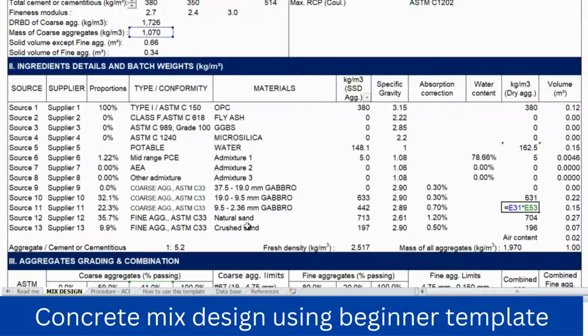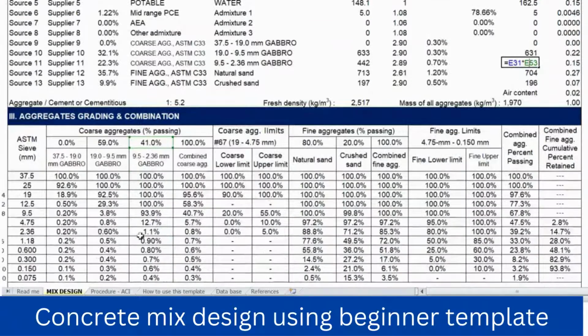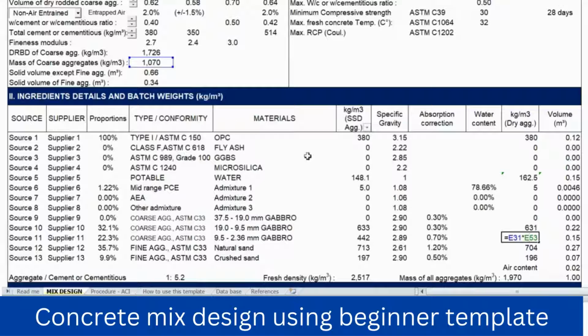And for the 10 mm or the 9.5 mm, that will be 41% of 1070, which means 439. For the sand, it will be multiplied only by specific gravity, since you already know the volume of the natural sand and the crushed sand. So simply we have to multiply by specific gravity multiplied by 1000. So that is the mass of our dry material or dry aggregates.